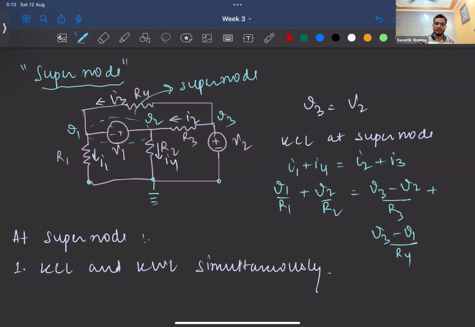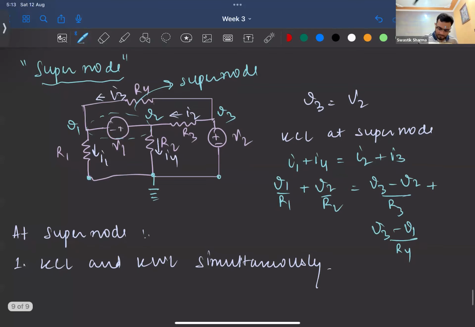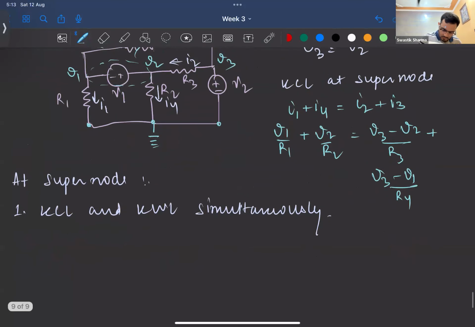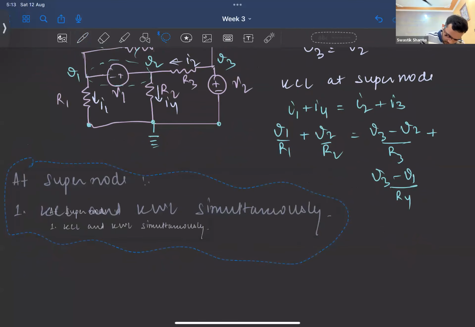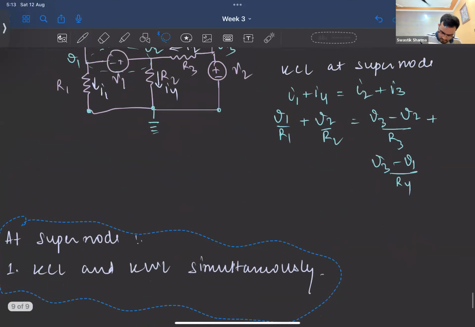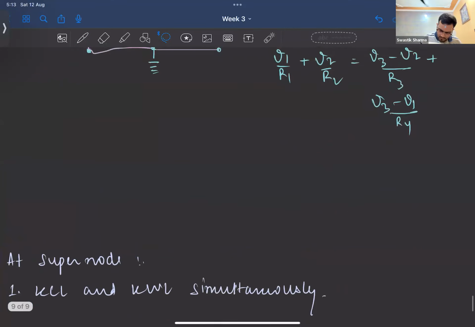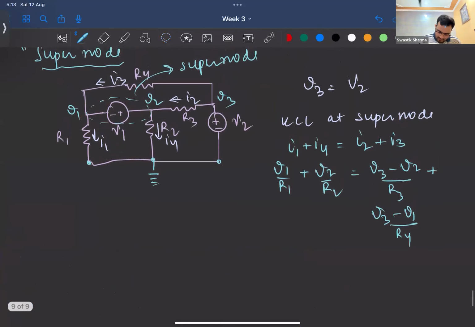That's precisely what it is. And now we'll apply KVL at that supernode.